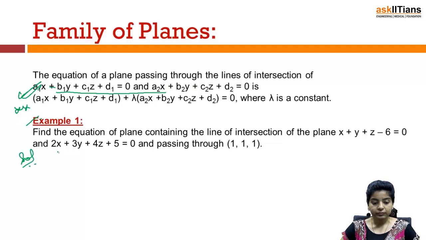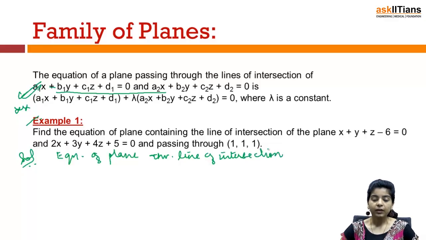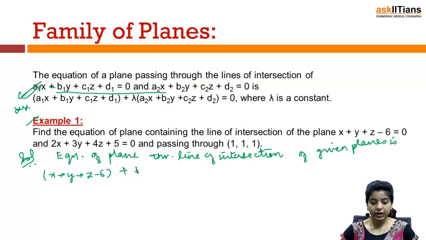So this means, first of all, again, equation of plane through line of intersection of given planes is x plus y plus z minus 6 plus lambda times (2x plus 3y plus 4z plus 5) is equal to 0.